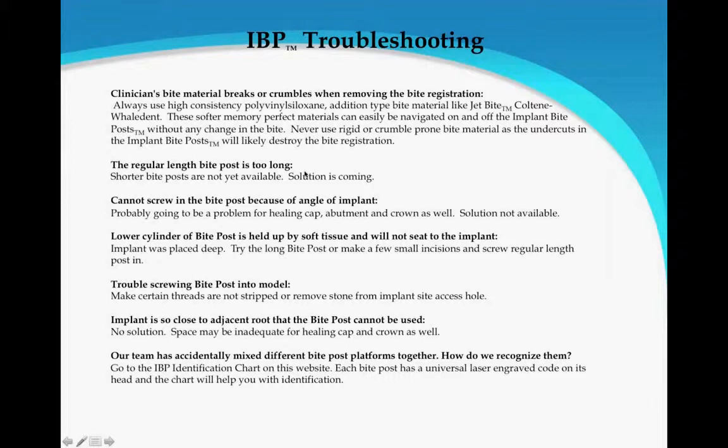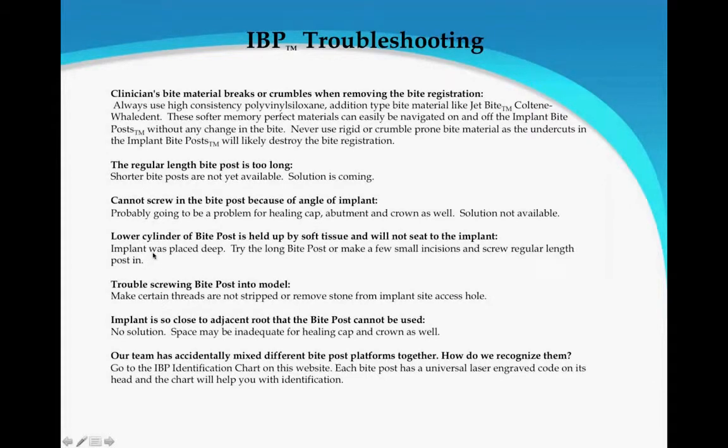There's always a time that you can't get a bite post in, and I'm going to show you a couple of those where they're so vertically short, there's no reason to make one. I can't screw the bite post in because of the angle of the implant. If the implant is placed too close to the other tooth, it might be hard to make a crown too. That's not a problem that the implant bite post caused.